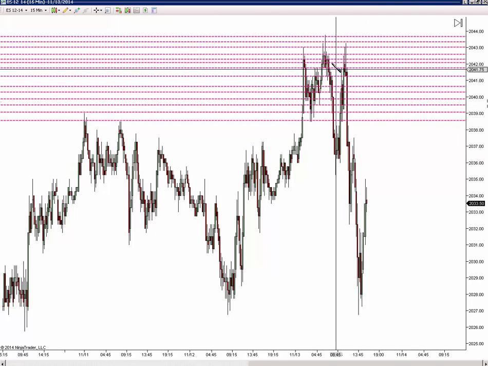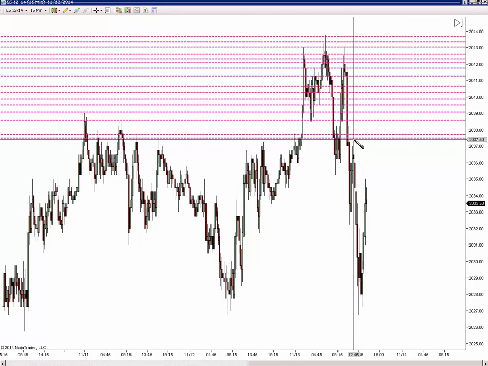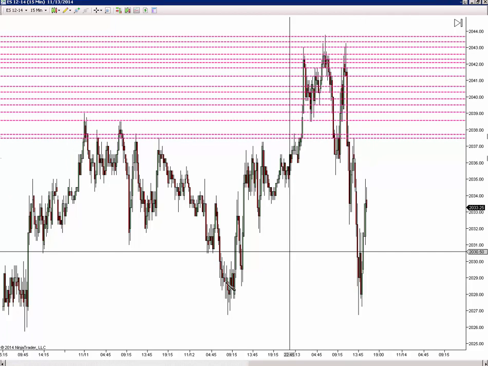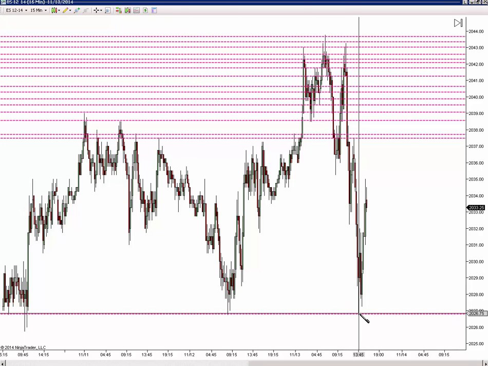All these little swing highs and lows were left behind. You can see right here, these are points of support and resistance. This is a resistance. Right down here, you can see how the market tested this morning exactly.